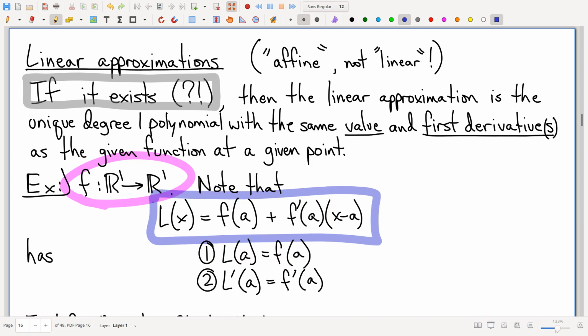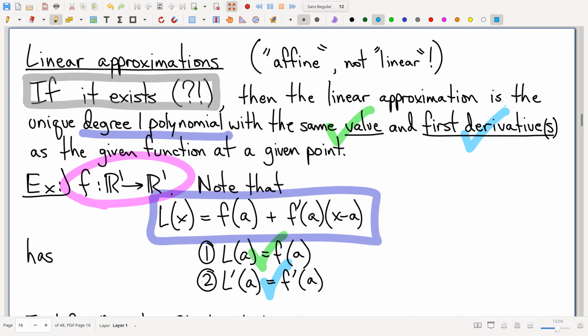What I think is the crisp, satisfying interpretation, at least for what we're about to do, is this: it's the unique degree 1 polynomial that agrees with f in terms of value and that agrees with f in terms of derivative at the given point A. So this formula gives the same value as f and the same derivative as f.